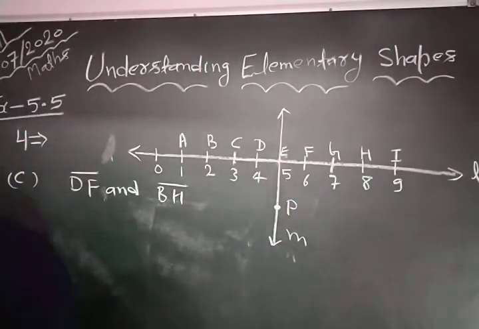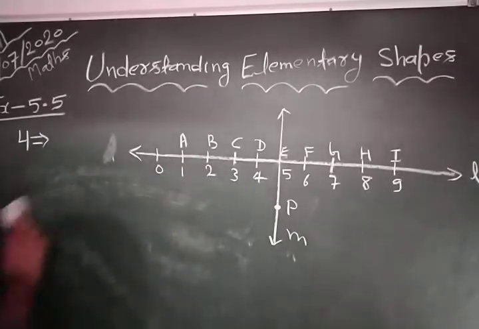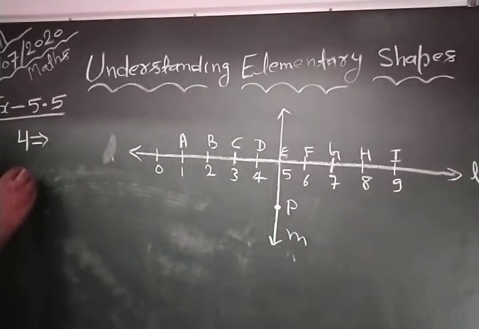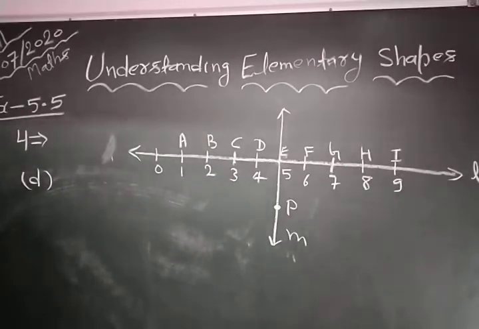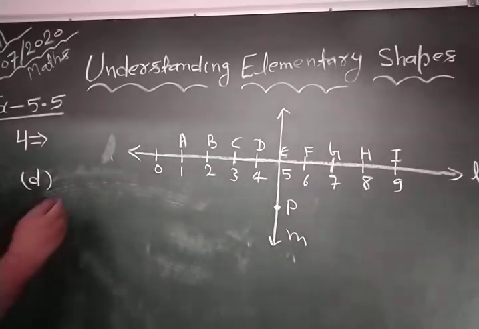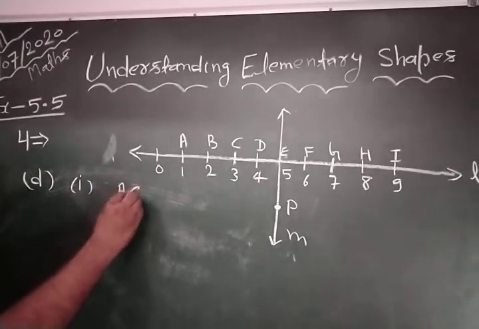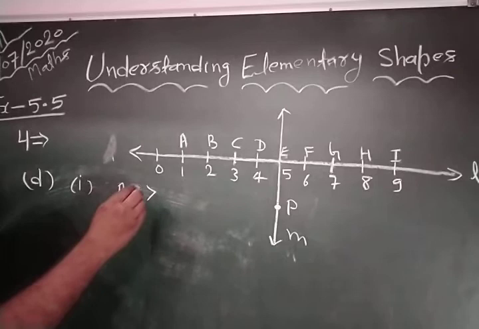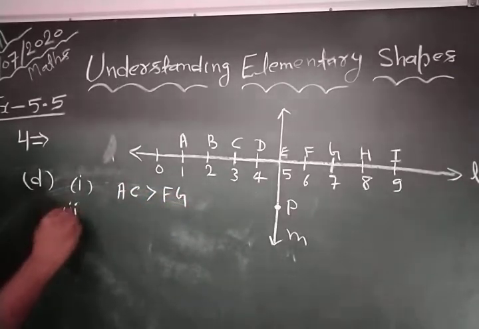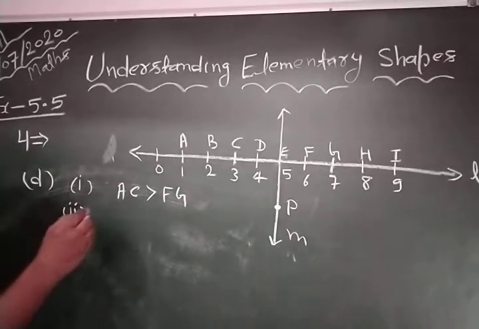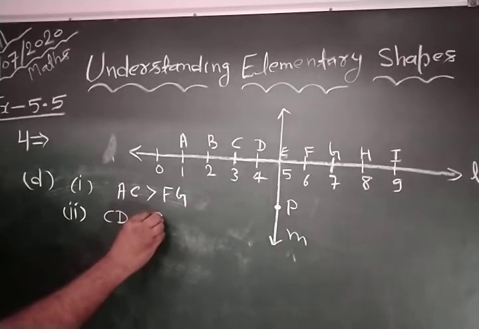Now, D part of this question: are these true? First, this is given, AC is greater than FG. Second, CD is equal to GH.